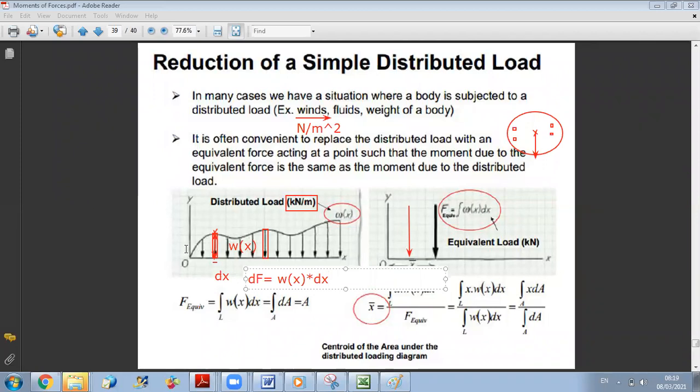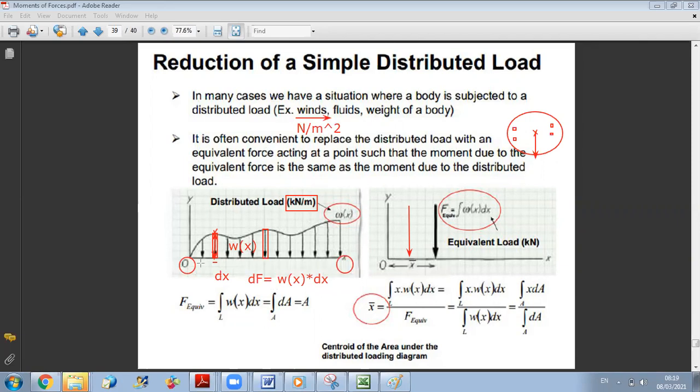Okay? And as you can see here, you have infinity of elementary forces dF. So if you want to calculate the total force, what should you do? Like in math, when you want to calculate total area and divide it into small areas, you do integration. Okay? So here to find the total force, you should integrate over the total length. So here you should vary dx. X is varying from 0, which is the first point, to the coordinate of the last point.